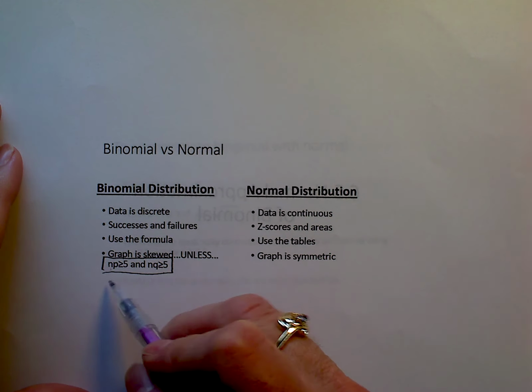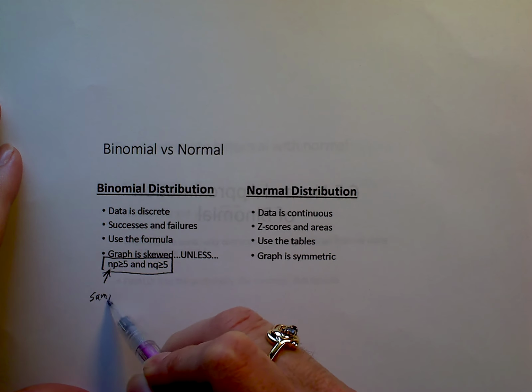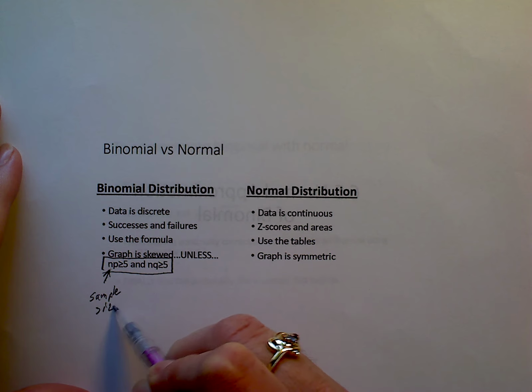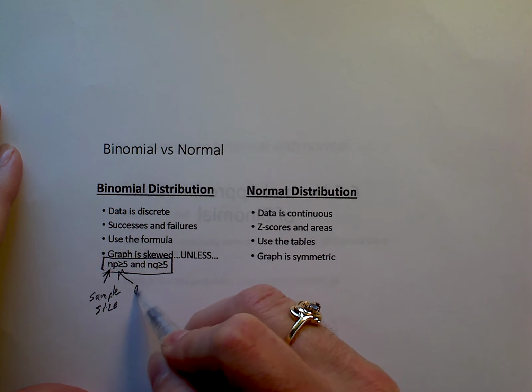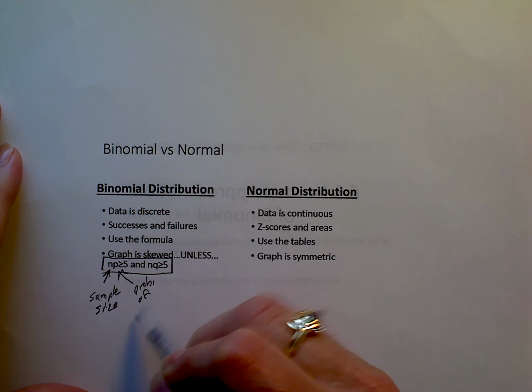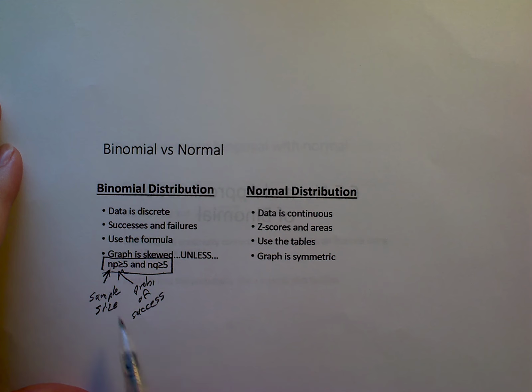N is the sample size. And P, remember, was the probability of success. So if I have at least 30 in my sample size, and I take it times the probability of success, if that number is greater than or equal to 5, we're in good shape.